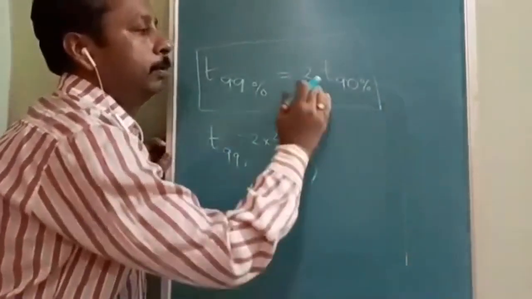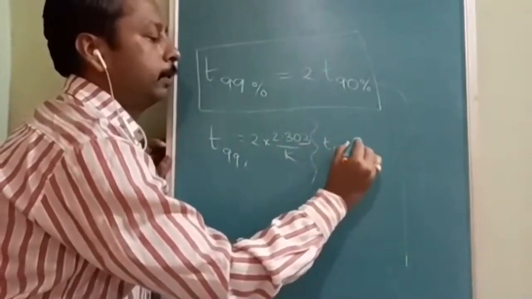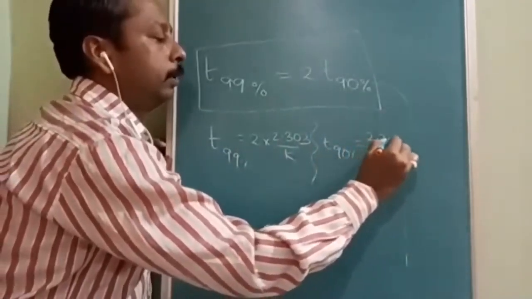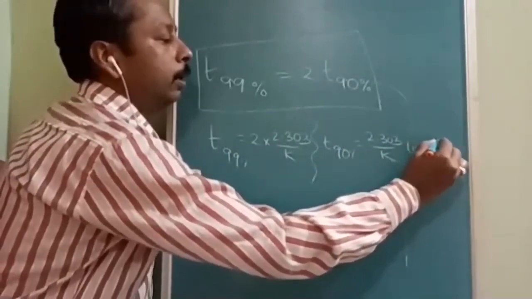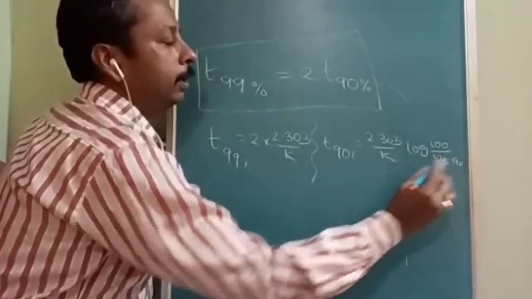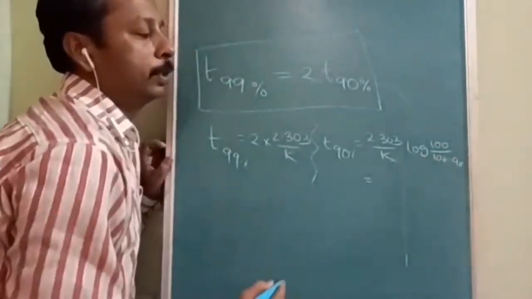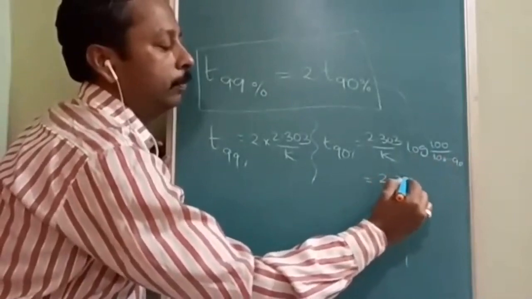Now let us see about the T90%. T90% is equal to 2.303 upon K into log 100 upon 100 minus 90. 100 minus 90 is equal to how much? 10. So log 10 is equal to how much? Sorry, 1.